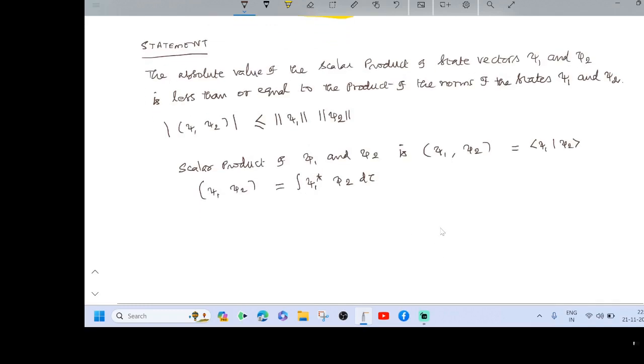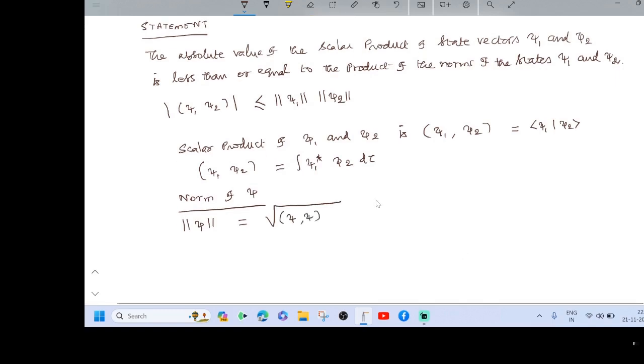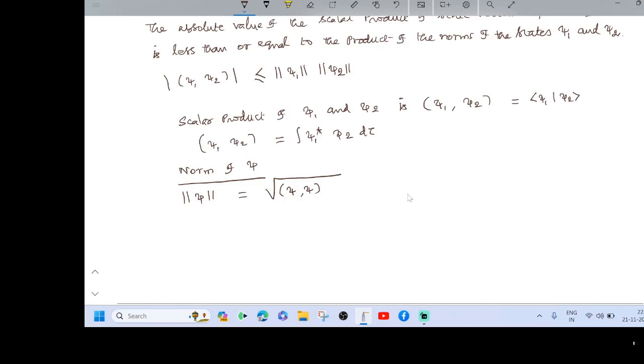Now we should know the meaning of the norm of psi. The norm of psi is equal to the square root of the scalar product of psi with itself. Now we may write down the definition for the norm of a state vector.